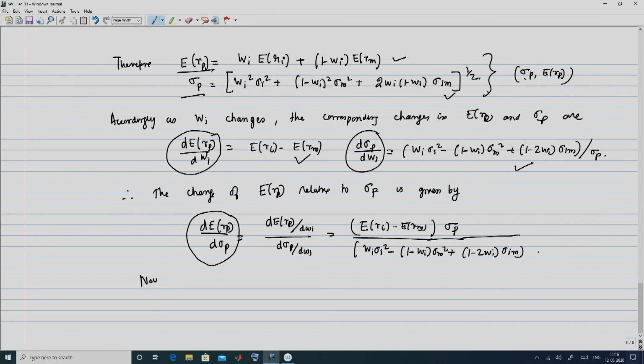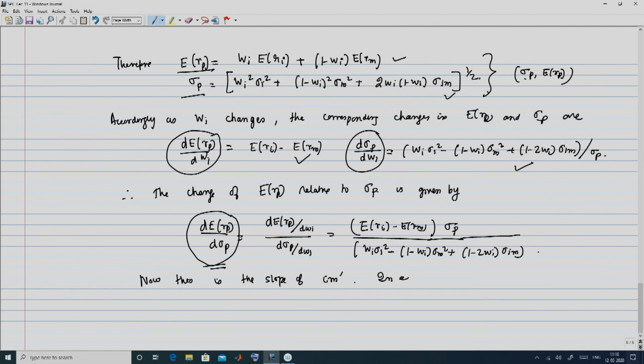This is going to represent the slope of the curve I M prime. So, we can write that this expression here is the slope of I M prime.